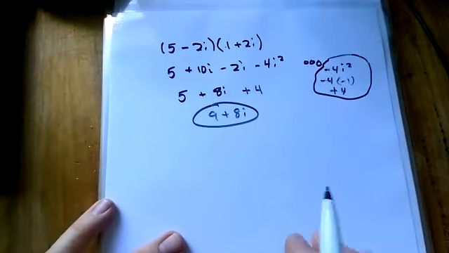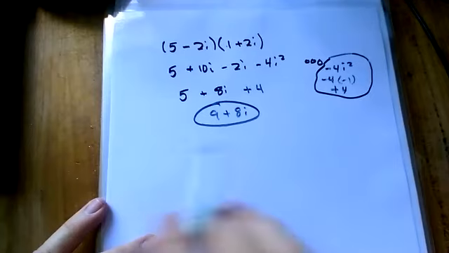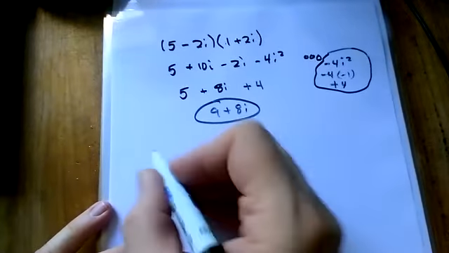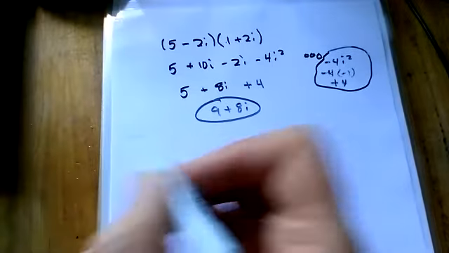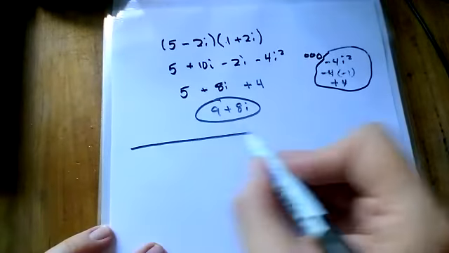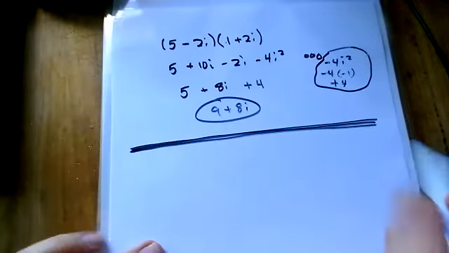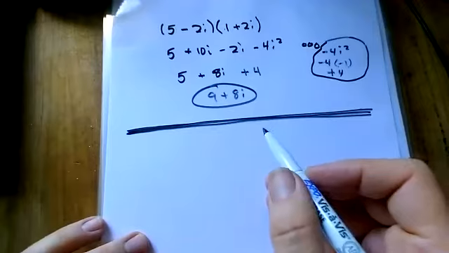Now, there is one type of multiplication that I like to bring up whenever we're multiplying complex numbers. And it's very helpful for us whenever we're thinking about multiplying things.